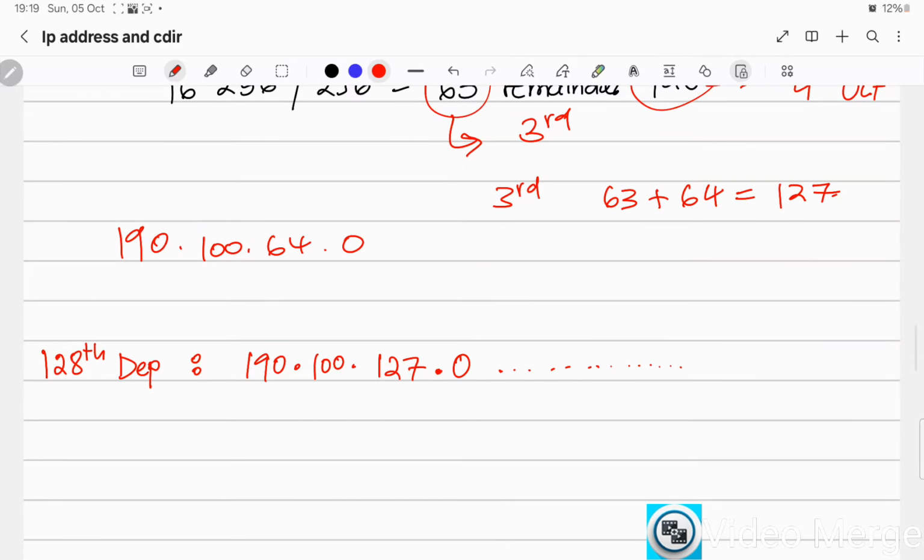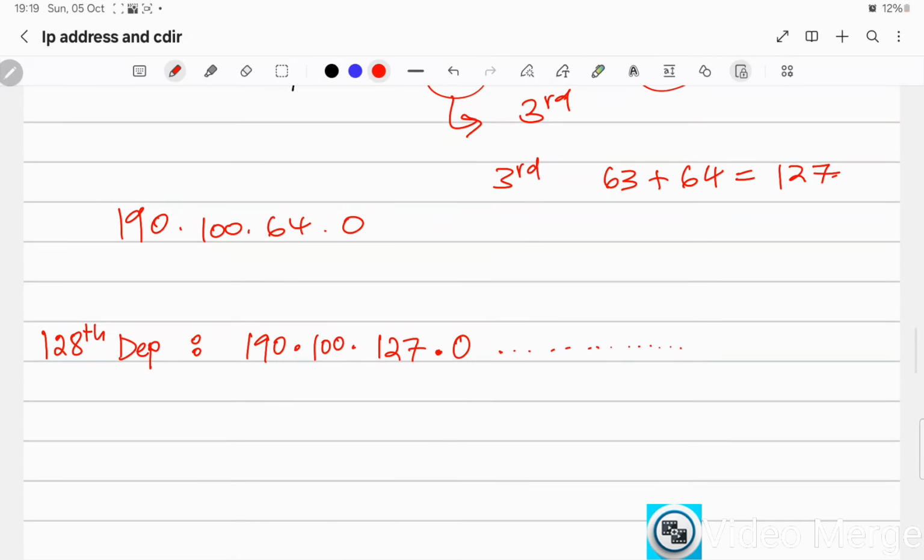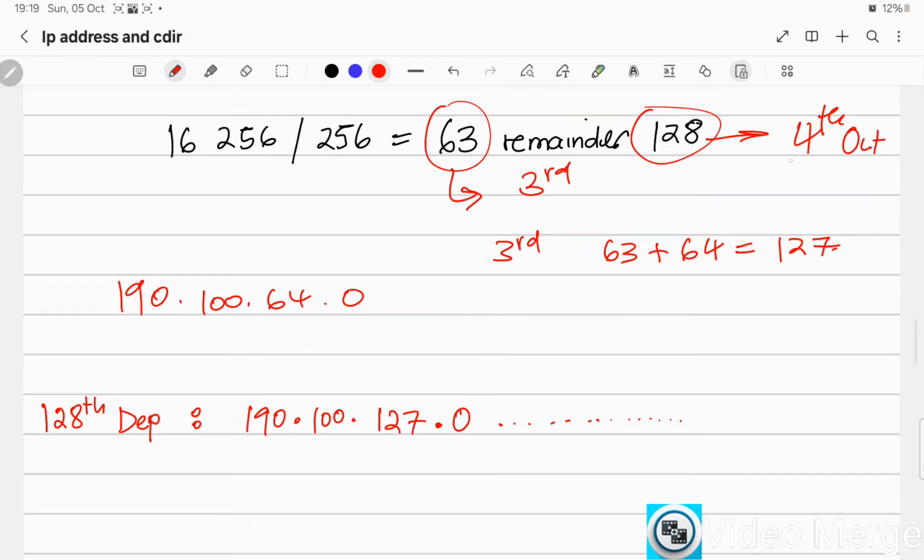You need the last one. This one sets the fourth octet. So you're going to have 128, just like this. You're going to have 128.